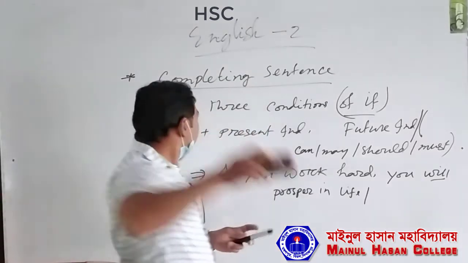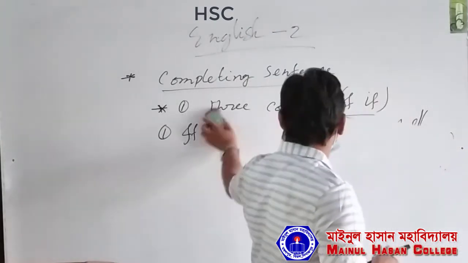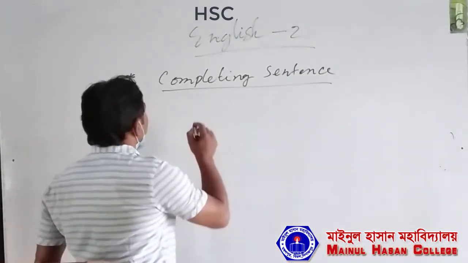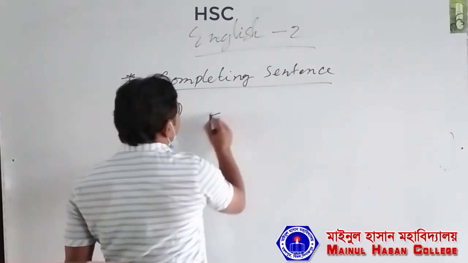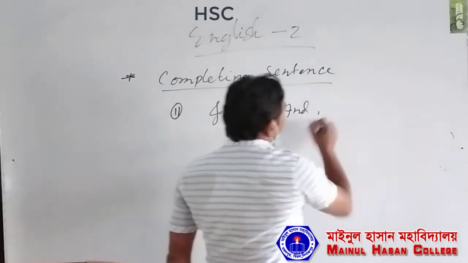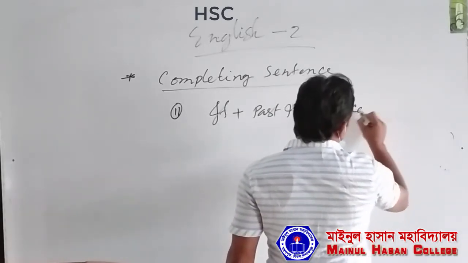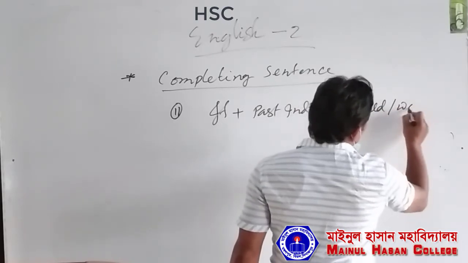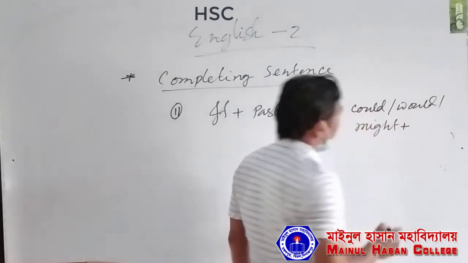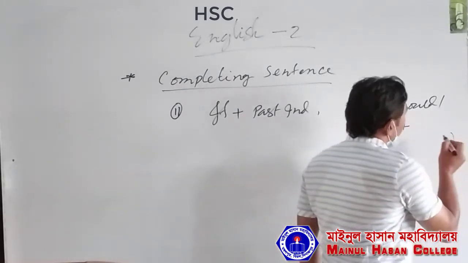Then the next, condition number 2: if plus past, here you can use could, would, might. Might always follows the base form of the principal verb or main verb.